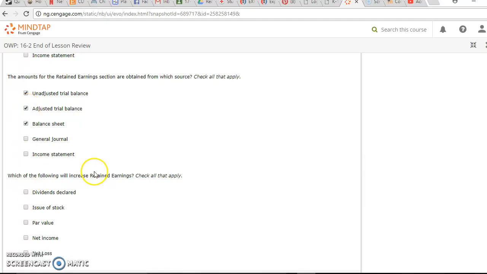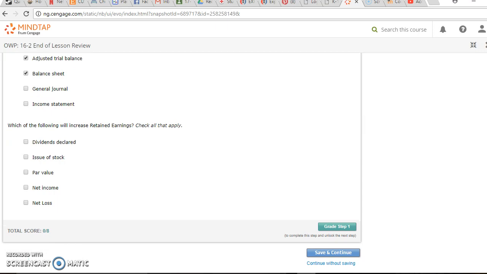Which of the following will increase retained earnings? Dividends declared will decrease your retained earnings because you don't keep them in the company. Issue of stock wouldn't do anything to your retained earnings necessarily. Par value does not increase your retained earnings. Net income would. So let's grade this.